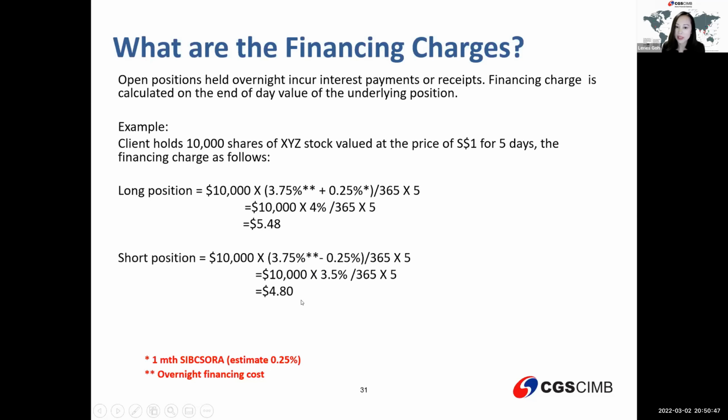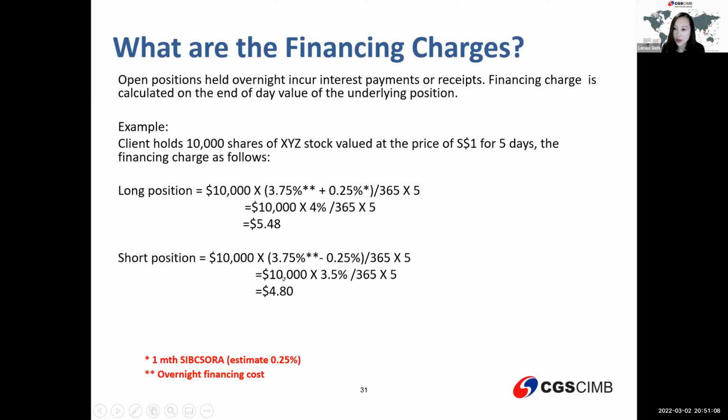But for short position, you will take the 3.75%, the standard financing rate, minus the base rate instead. So the same thing, let's say I use the same 0.25%. So the estimate annual financing for short position is 3.5%.